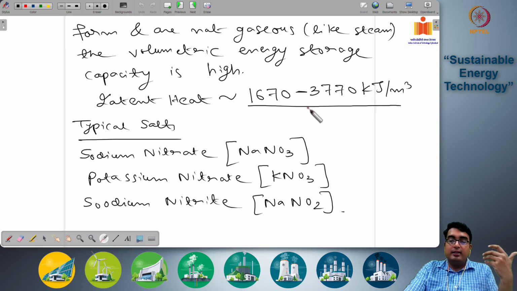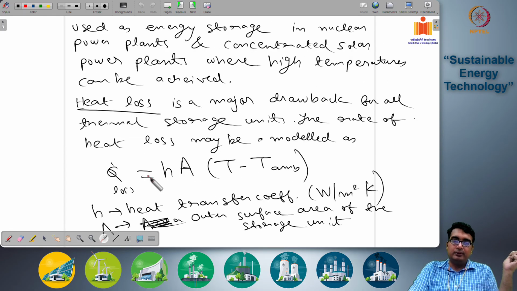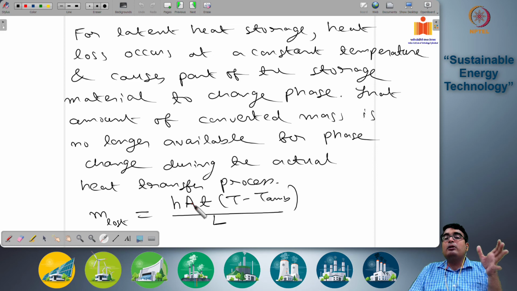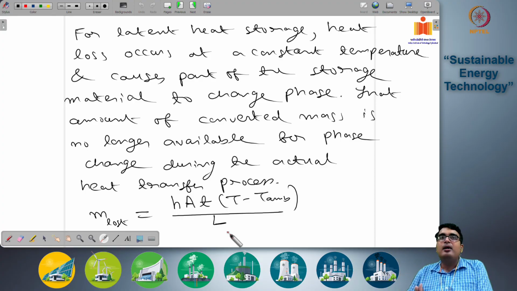How much latent heat is present per kg of the phase change material. Okay. So that is the L here. Once again, the mass loss will be minimized if the latent heat capacity increases. So that usually does not happen, because unless you change the material itself.